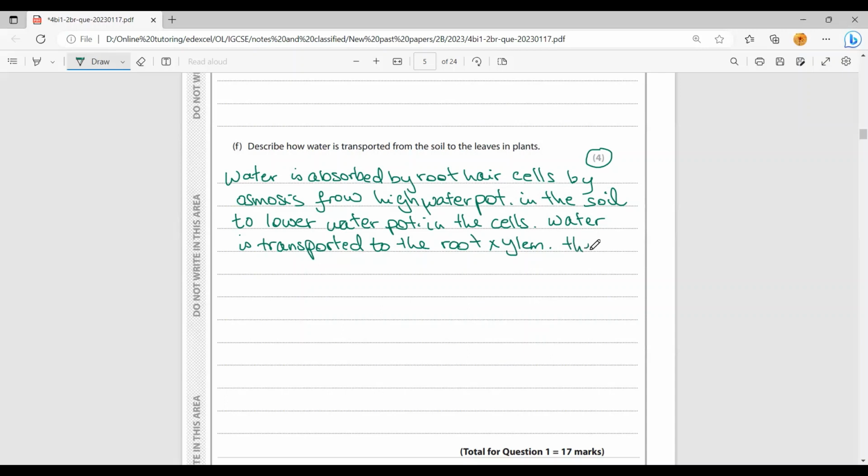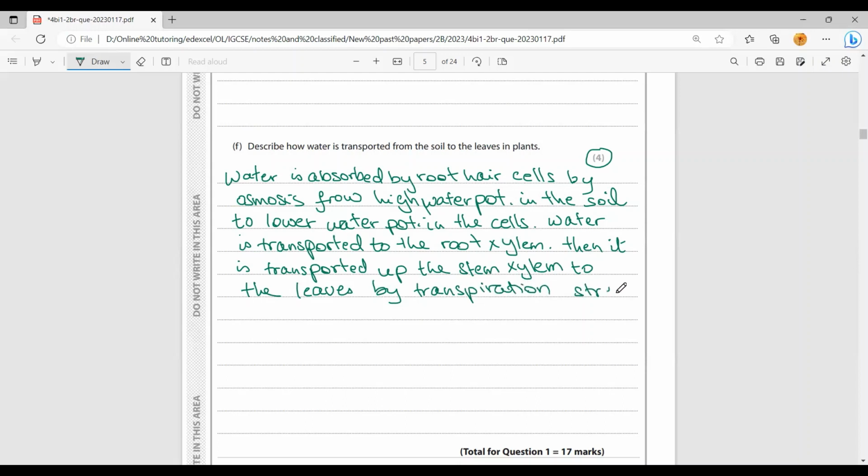Then it is transported up the stem xylem. هتمشي في الستم بقى to the leaves by transpiration stream. اوكي. ممكن كمان اقول ان يعني خلاص ما دام قلت transpiration stream it's okay. وممكن اقول كمان ان الترانسبيريشن stream دي results due to transpiration of water from the stomata of the leaf. Okay.